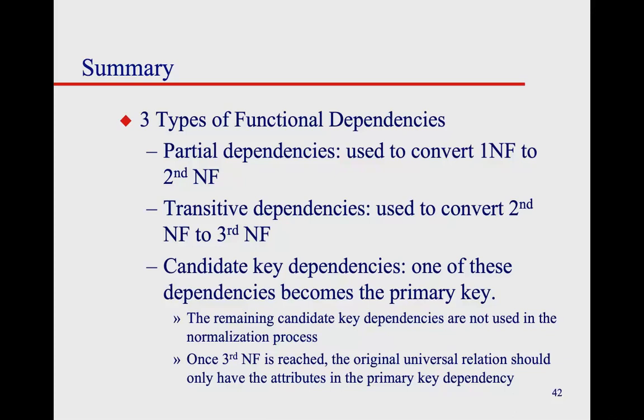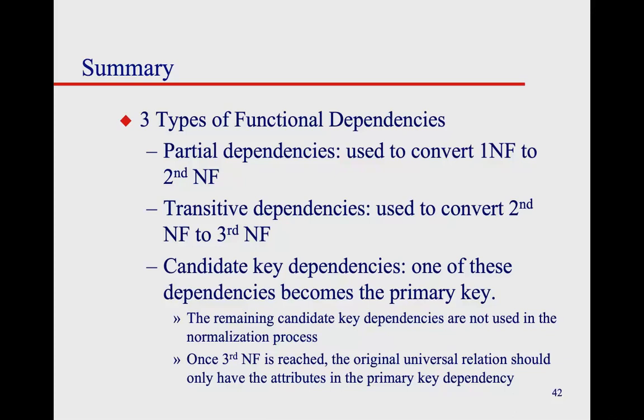But as was just mentioned, certainly anything that is in a primary key dependency is going to end up being grouped with the primary key in the final third normal form relation. And it is pretty certain that the candidate key attributes will also end up in that relation. Okay, that's where I was saying that's my 80% certainty.